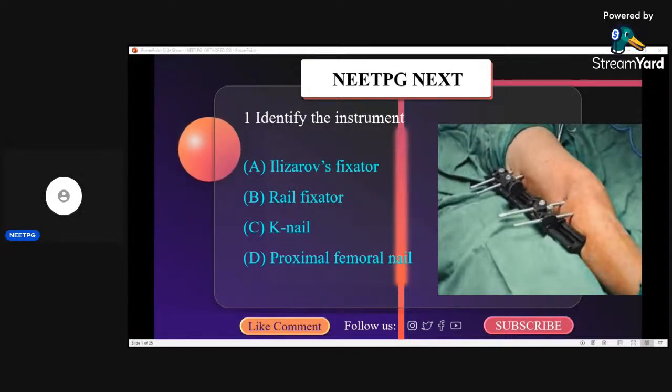Good evening, doctors. Today we are going to take a very important subject which is highly scoring, that is orthopedics. If you answer all the questions correctly, and most of the toppers answer all the questions correctly in this subject, because these questions are straightforward, easy, and you can automatically answer them if you practice them well.